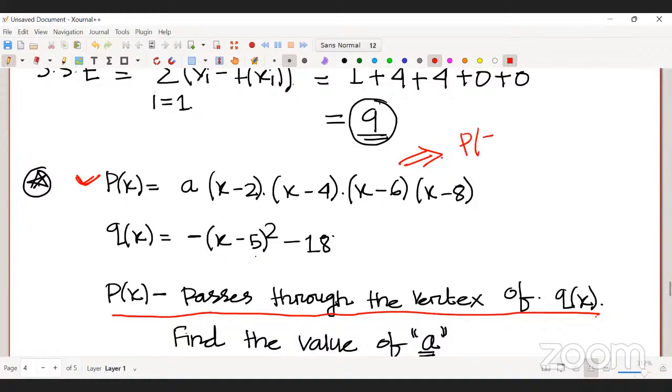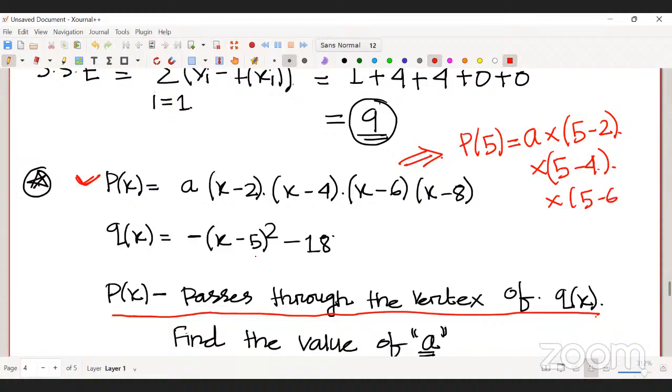p of 5 is nothing but a times 5 minus 2 into 5 minus 4 into 5 minus 6 into 5 minus 8, which is a times 3, then 1, then minus 1, and then minus 3.